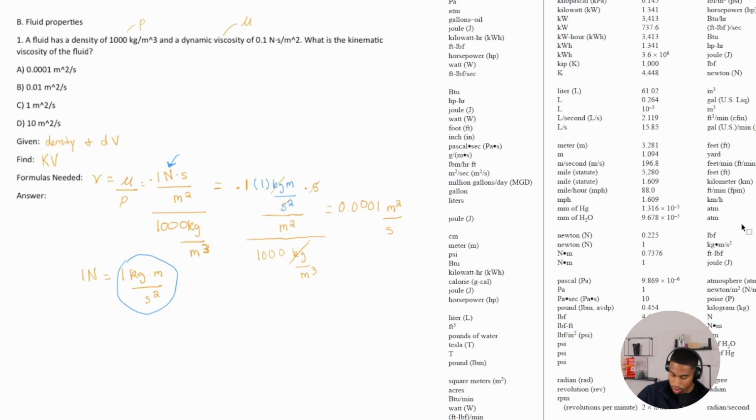This s unit just cancels to an s, right? And then we're left with this meters cubed, which is going to be multiplied by meters, so it's going to be meters to the fourth over meters squared. It's going to give us our meters squared over a second. So that's how our units are going to cancel. So we are left with A.